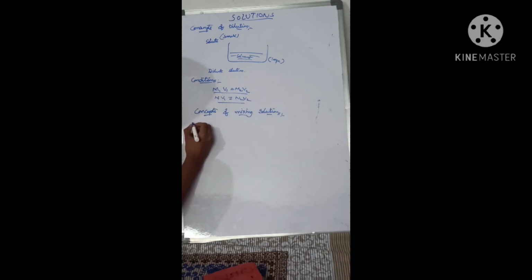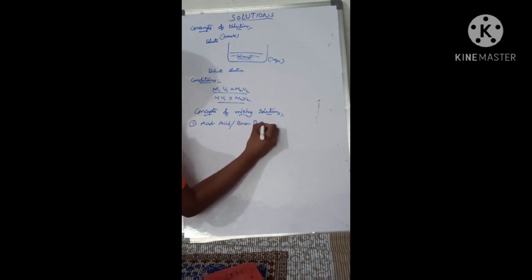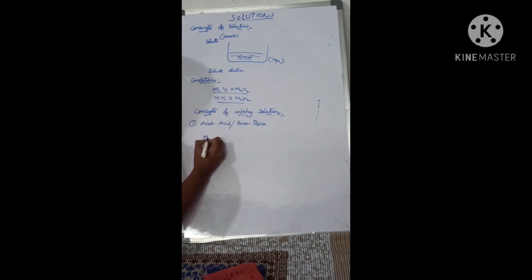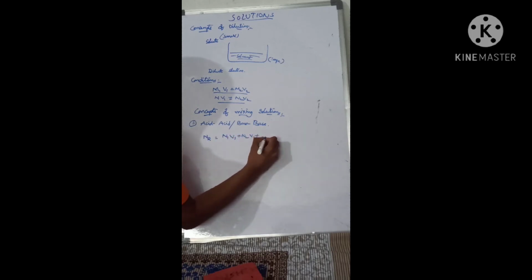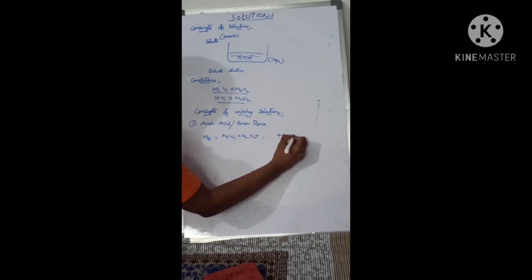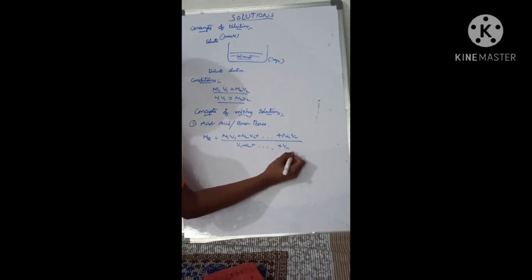First, if acids or bases are mixed, then the resultant normality is N1V1 plus N2V2 plus so on plus NnVn by V1 plus V2 plus so on plus Vn.